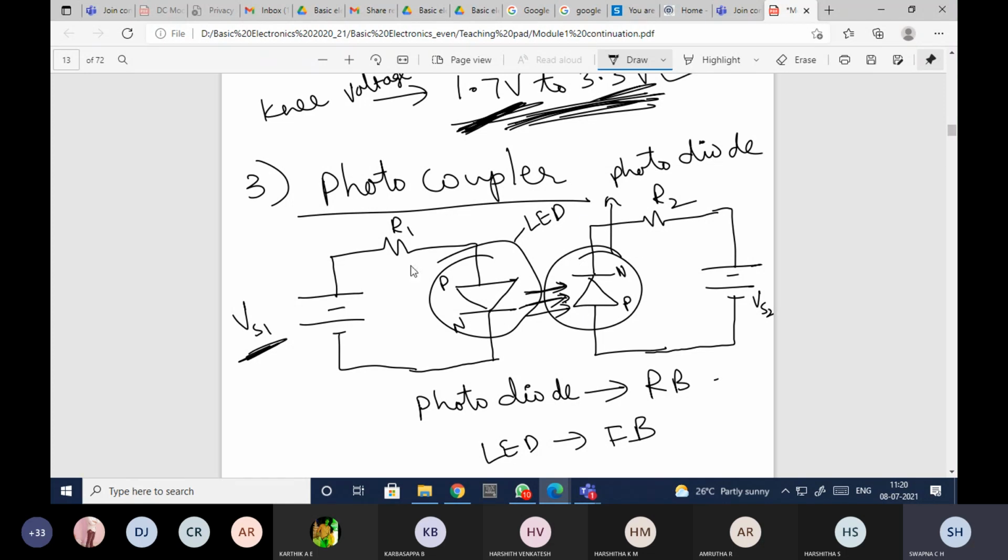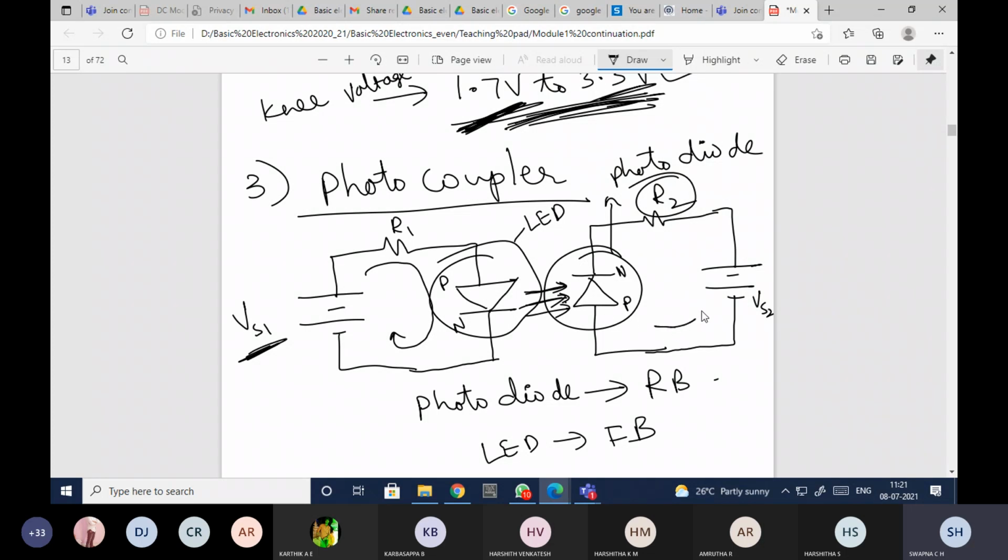Okay, and here I am giving the input, and at this resistor I will be taking the output. And you know that here the current will flow, since it is forward biased, in this direction, and since this is reverse biased, the current flow will be in this direction.